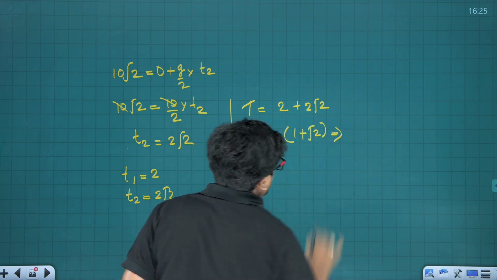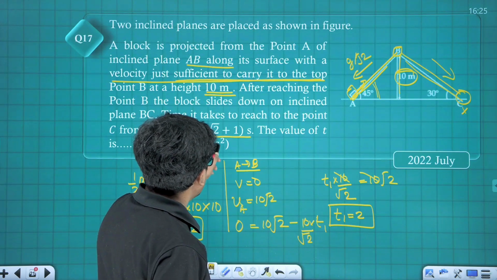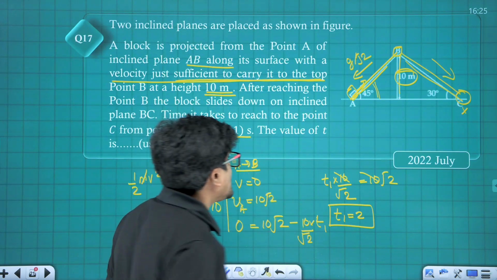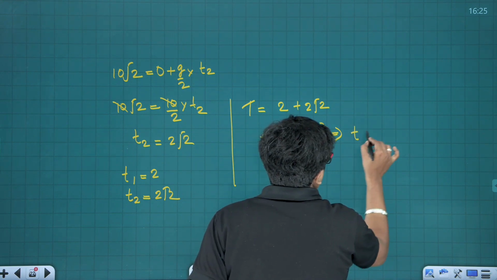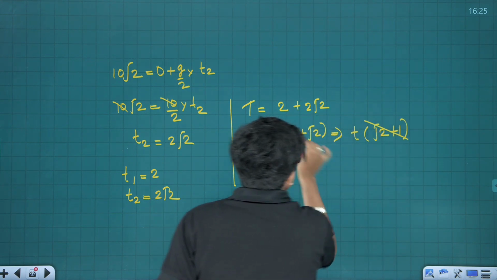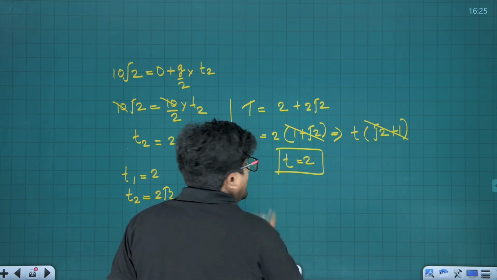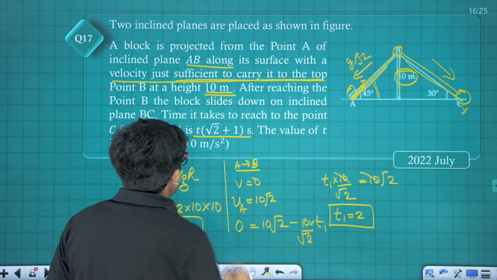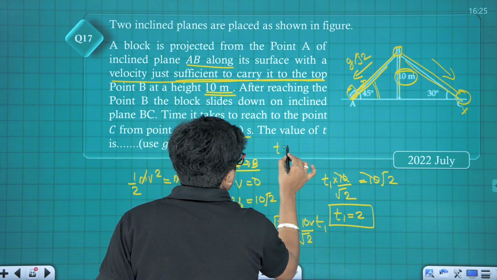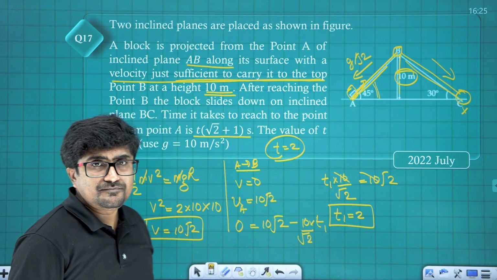And as per the question, this expression is given as small t into root of 2 plus 1. Of course this one and this one will cancel each other, which means small t is equal to what? Number 2. So here small t is equal to 2. That is the final answer.